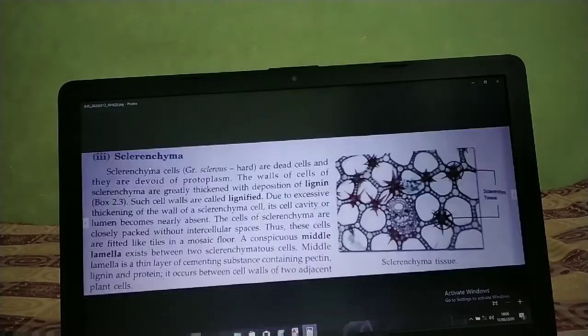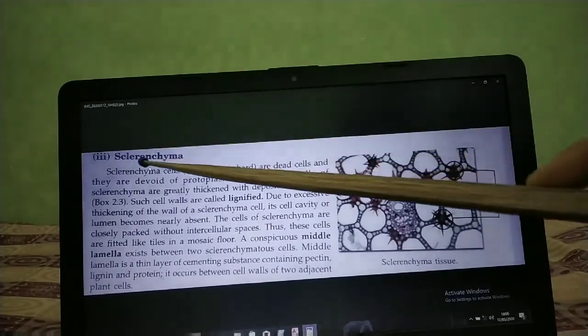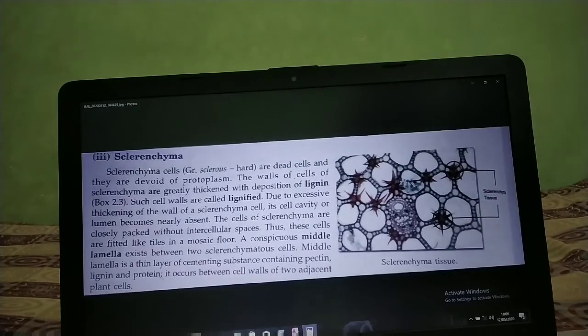So children, now next one is the sclerenchyma. Sclerenchyma cells are dead cells and they are devoid of protoplasm. The walls of cells of sclerenchyma are greatly thickened with deposition of lignin.